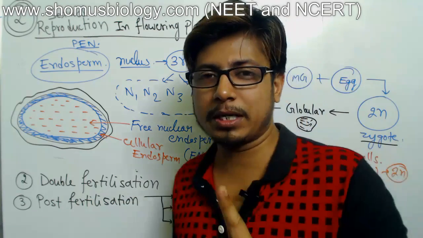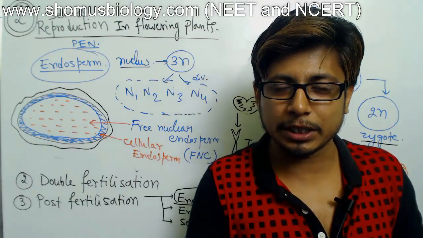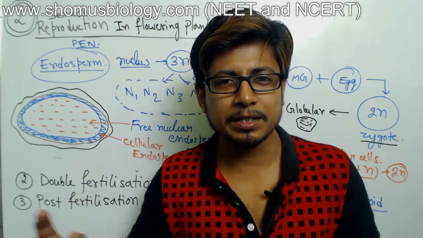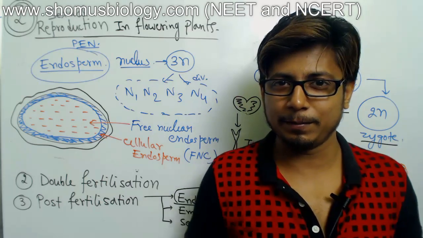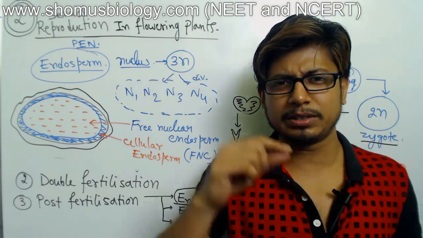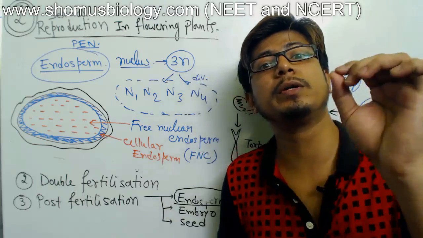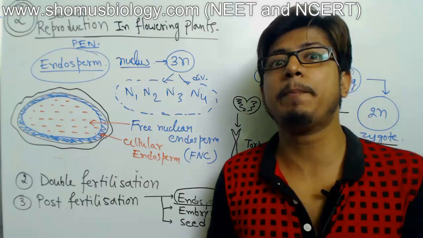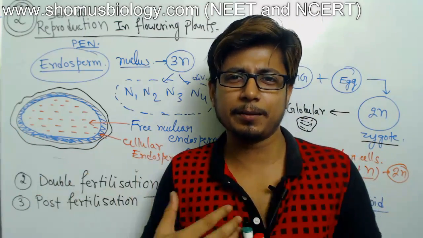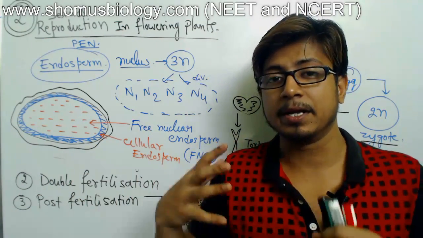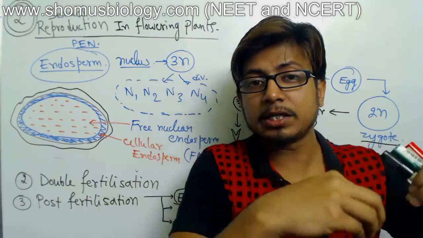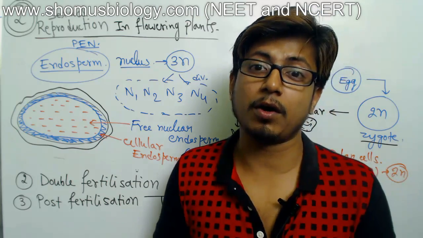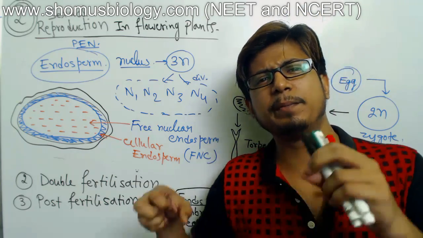We talked about it in the male and female gametogenesis, in the anatomy of the female gametogenesis process, and I told you that the micropyle pore remains open all the time. This small pore helps the embryo stay alive, taking oxygen and other important materials from outside. But the water content in the embryo is very low, like 10 to 15% of the natural water content. That's why they remain dry.